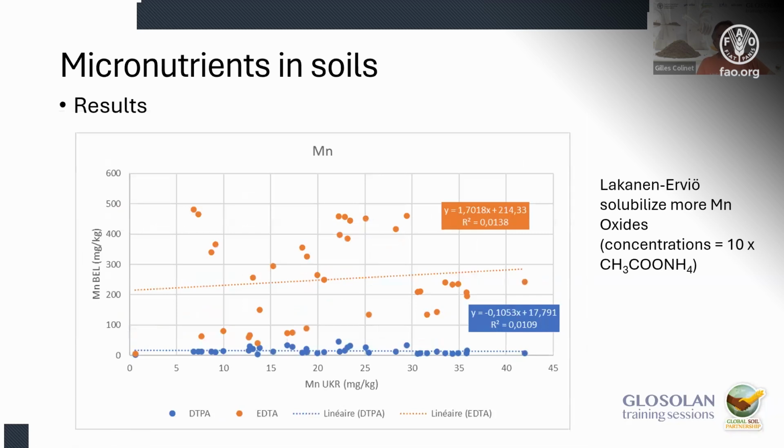Manganese looks like the relationship is really lacking. The regression lines are quite flat. We can see that the method with EDTA should dissolve more elements, more manganese oxides than the other one. So with this method there is probably a big contribution of these oxides and the elements that are sorbed on these oxides in the final solution.